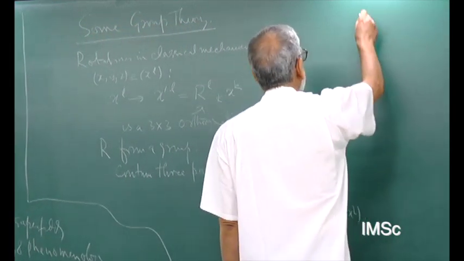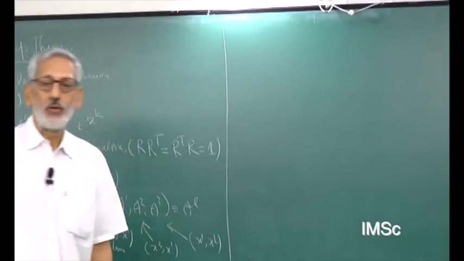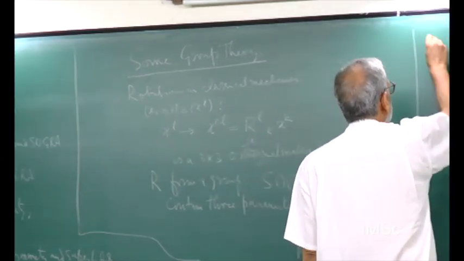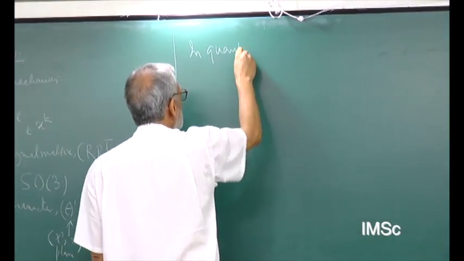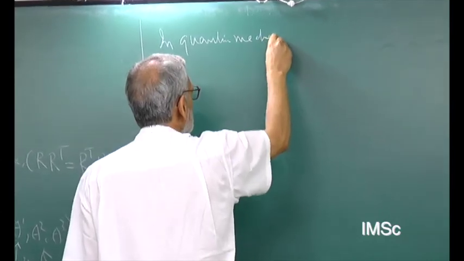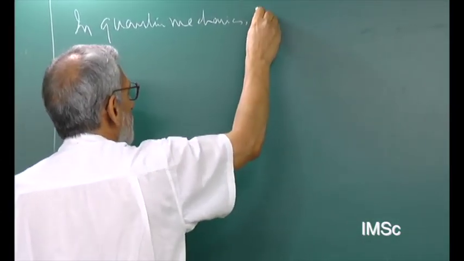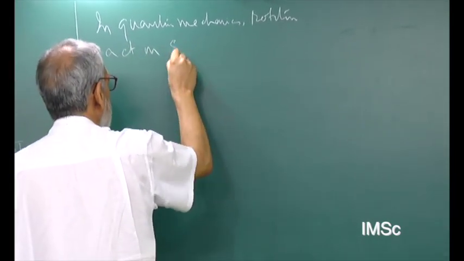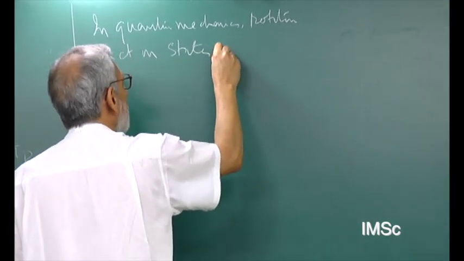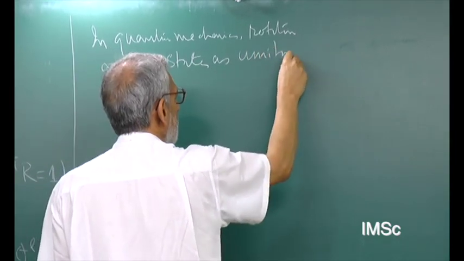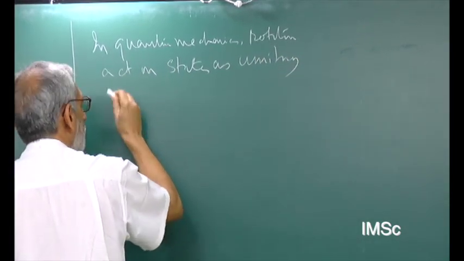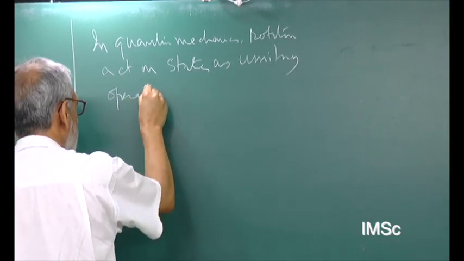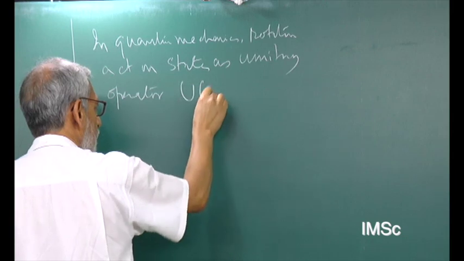Now that was how rotation acts on space coordinates. In quantum mechanics, rotation acts on states as unitary operators, and let's give them a name, U(theta).